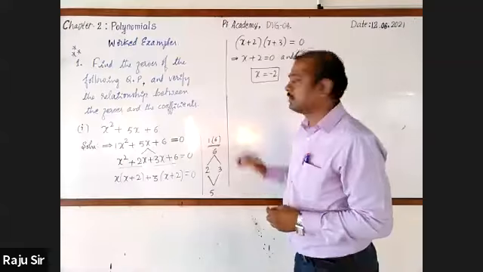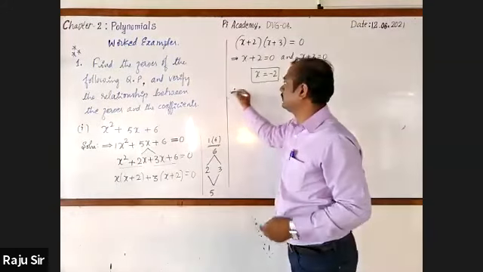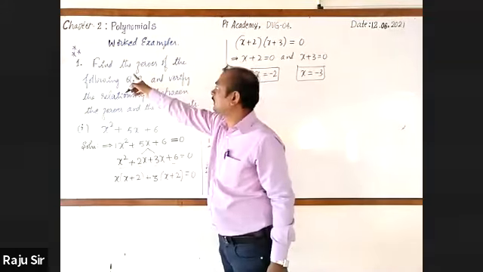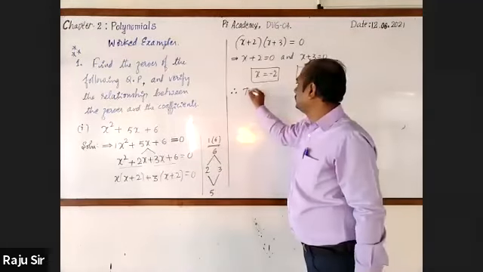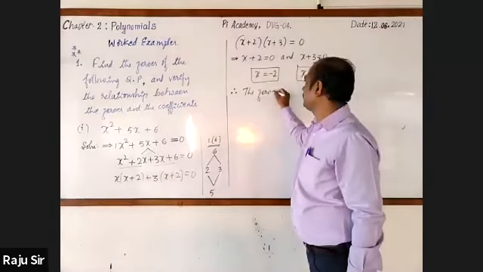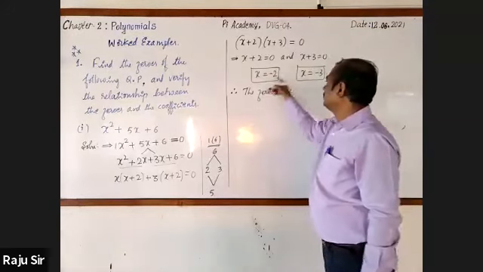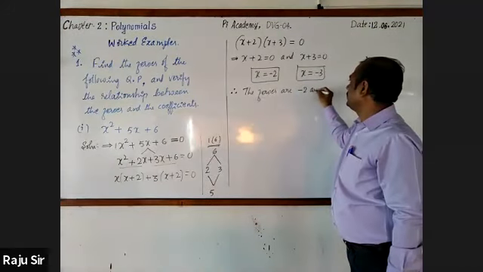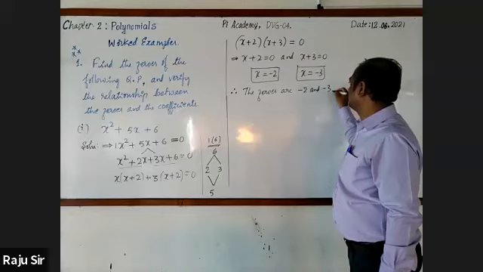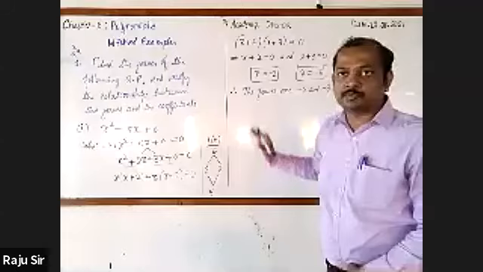Therefore, they are asking you to find the zeros, so the zeros are -2 and -3. We have answered the first sub question.